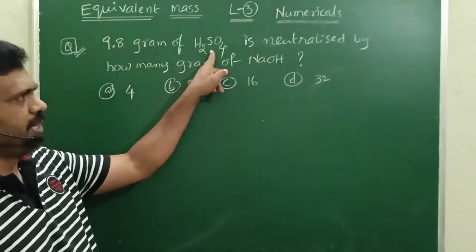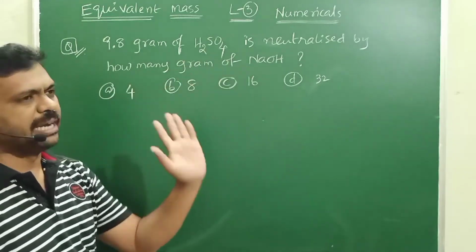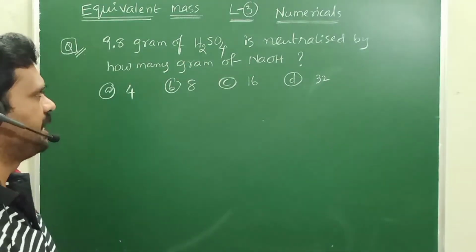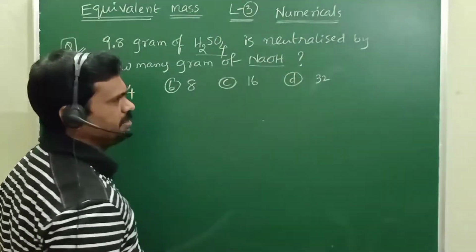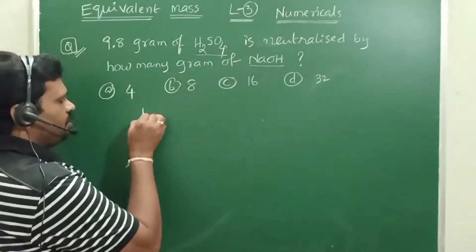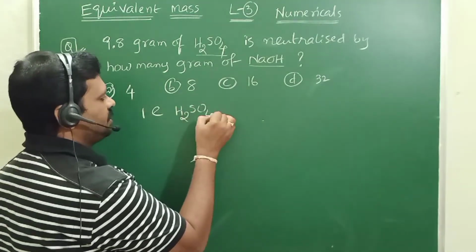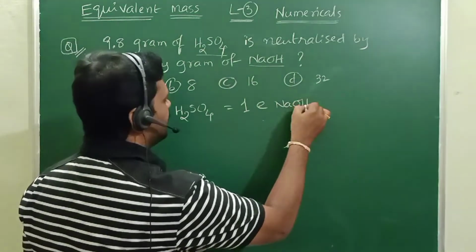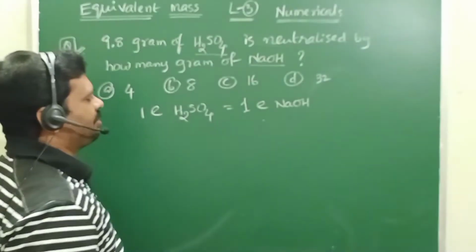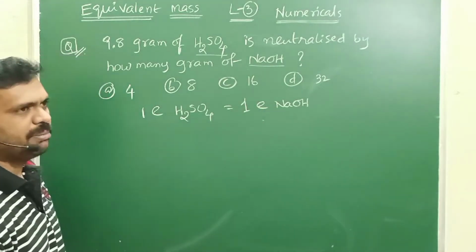9.8 grams of sulfuric acid is neutralized by how many grams of sodium hydroxide? Here the sulfuric acid is reacting with sodium hydroxide. So one equivalent of sulfuric acid reacts with one equivalent of sodium hydroxide, or 1 gram equivalent weight of sulfuric acid reacts with 1 gram equivalent weight of sodium hydroxide.